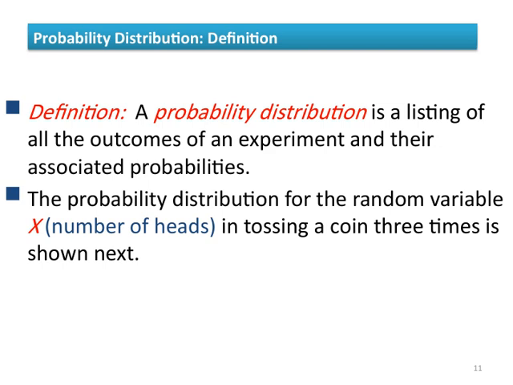Highlighting this is important because it provides a clear picture of the experiment's possible results and their chances. It's a fundamental concept that connects to the overall theme of understanding randomness and predicting outcomes in probability. So, when we talk about probability distributions, we're really mapping out the full landscape of what could happen and how often we can expect each result.